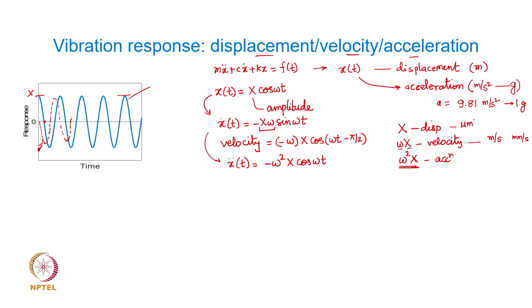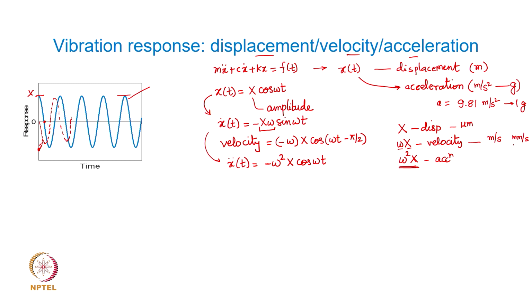So, typical vibratory displacements would be in micrometers, seldom in many cases exceeding a millimeter value. Of course, there are certain applications where the amplitude of vibration will go beyond a millimeter level.